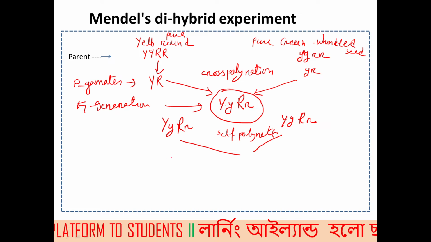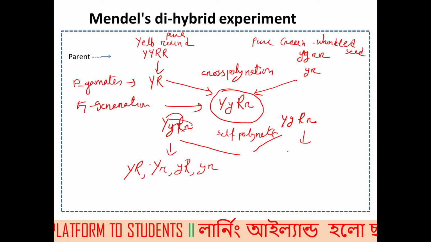So during self pollination, if we take gametes from here, we will get them like this. How to take the gamete? So the gametes will be like this: YR, capital Y capital R, capital Y small r, small y capital R, small y small r.